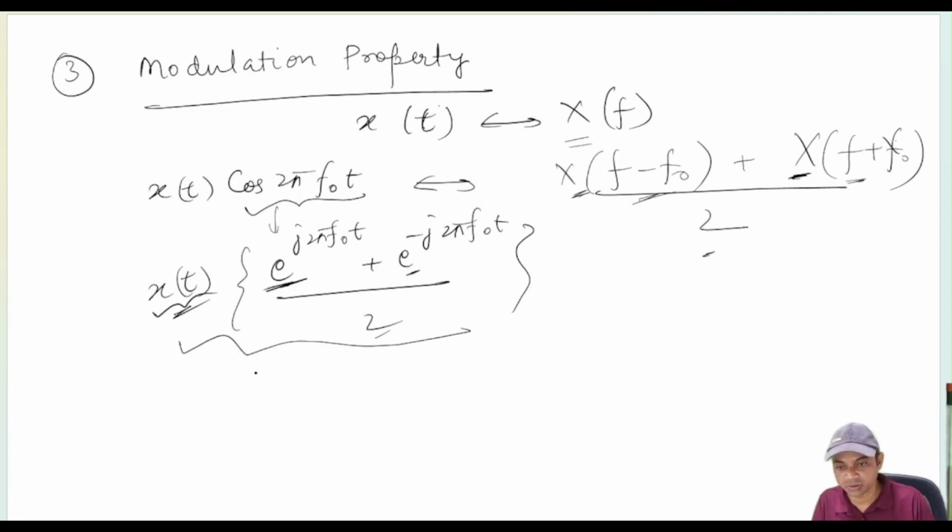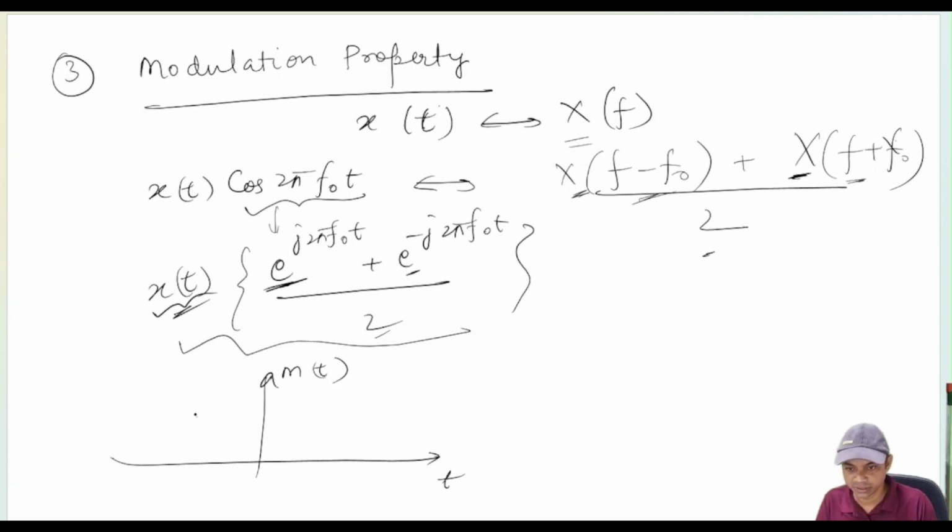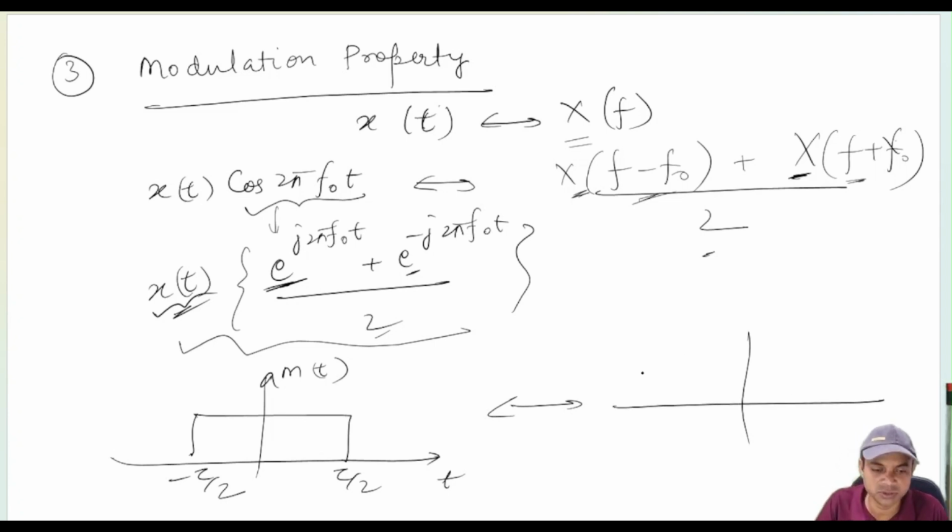What is the meaning of this? Suppose our message signal is m t, defined for minus tau by 2 to tau by 2. Then in the frequency domain, what is the Fourier transform of this message signal?